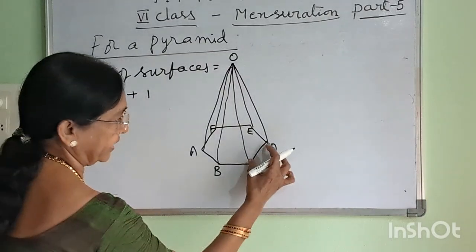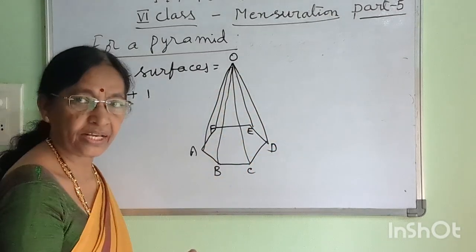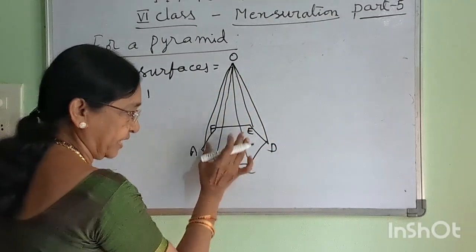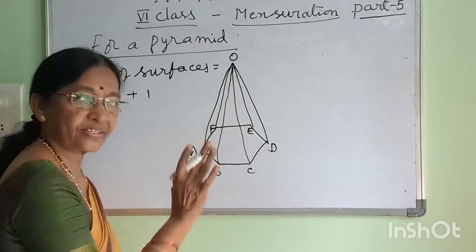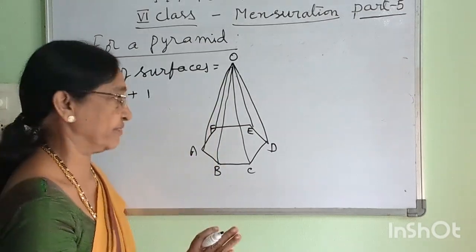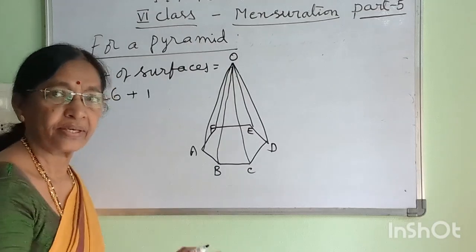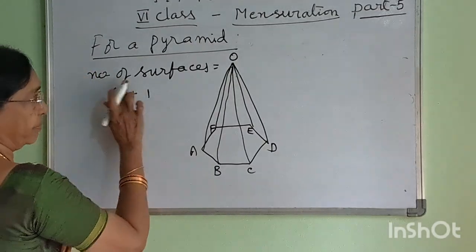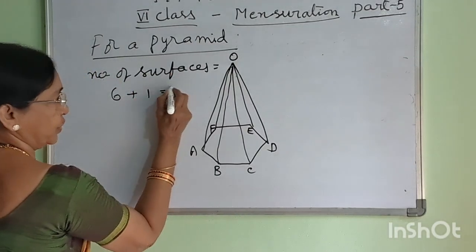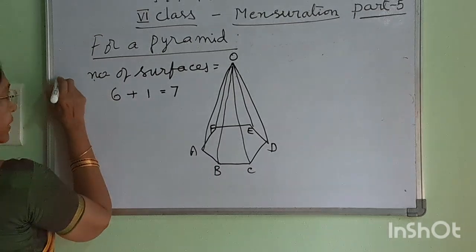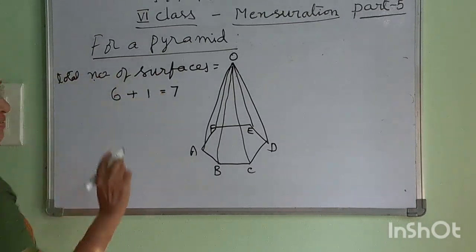For each side there is a triangular lateral surface. Therefore for 6 sides there are 6 triangular lateral surfaces, and the base surface is 1. Therefore the number of surfaces is equal to 7.